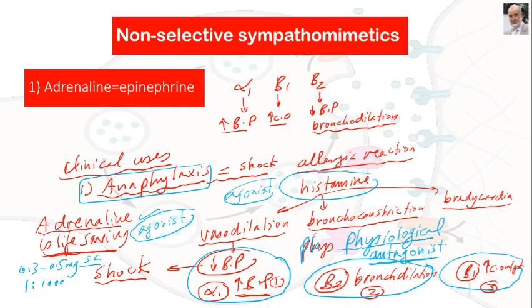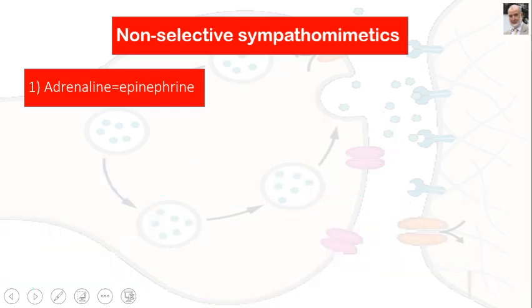This will produce a dose of 0.3 to 0.5 milligram, given by subcutaneous injection. Okay, so this is the first important clinical use of adrenaline. It is used in treatment of anaphylaxis.